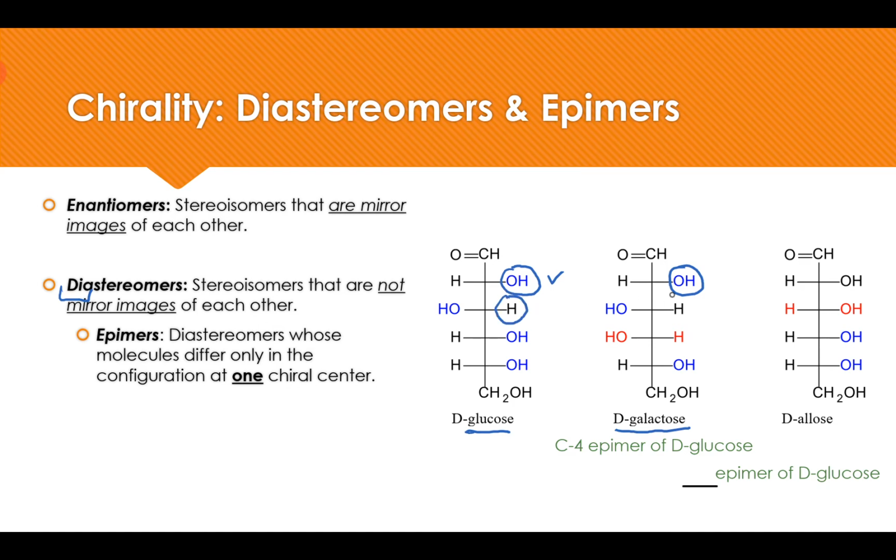That's an H, that's an H. This is an OH, that's an OH. And this one's not chiral, so that doesn't even matter. It's this location that's flipped. So these two differ in just the orientation of one chiral center. That means that these are epimers.